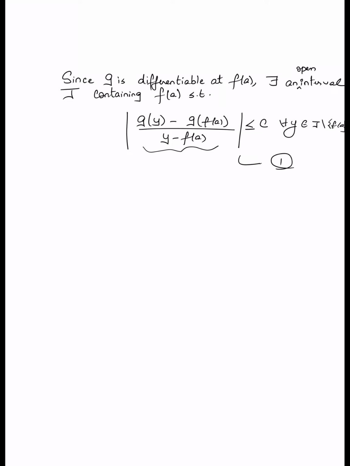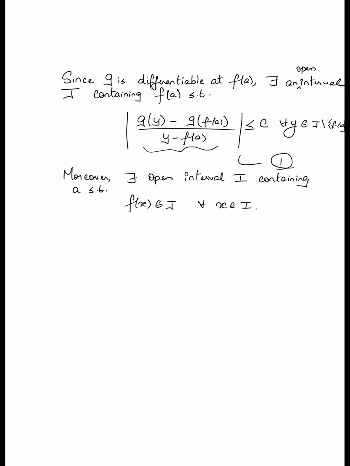Now because f is continuous at a, it follows that I can also find yet another interval. Moreover, there exists an open interval, let's say I, containing a, such that f(x) belongs to J for all x in I. Right? This is a trivial consequence of the continuity of f.